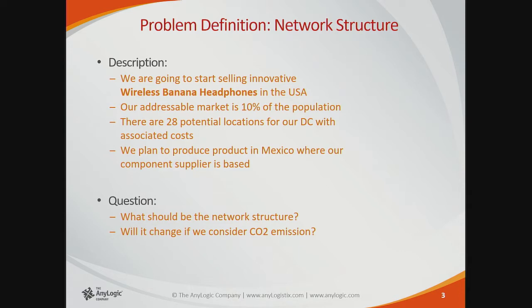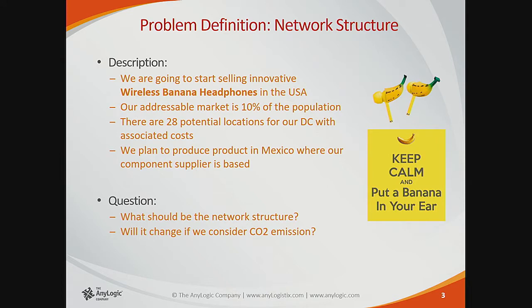So the question is, find the supply chain structure. By the way, this is how those headphones look, and this is just some ideas about the positioning of those wireless banana headphones. So, Anatoly.